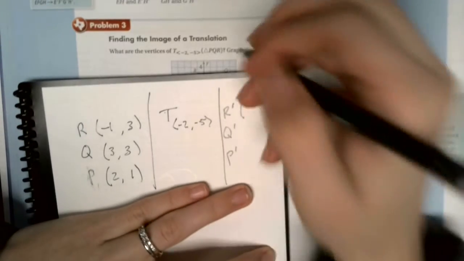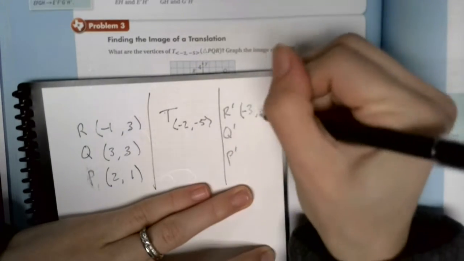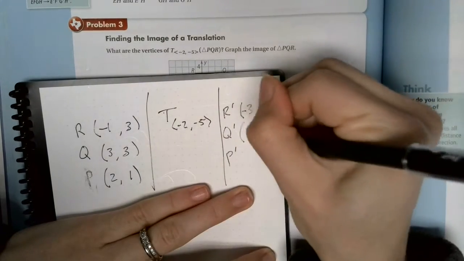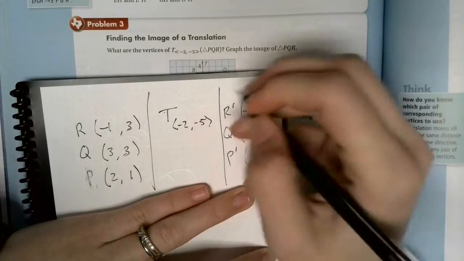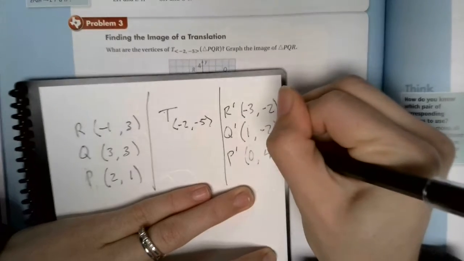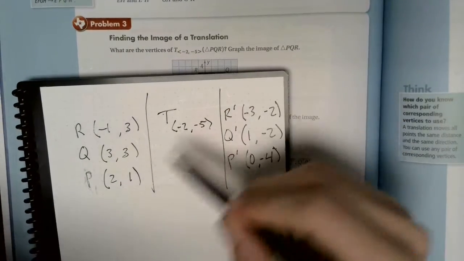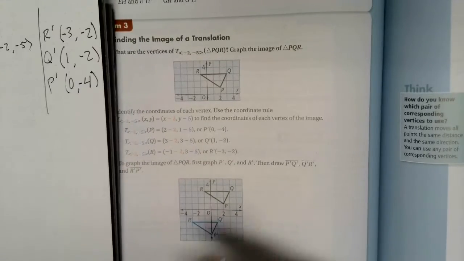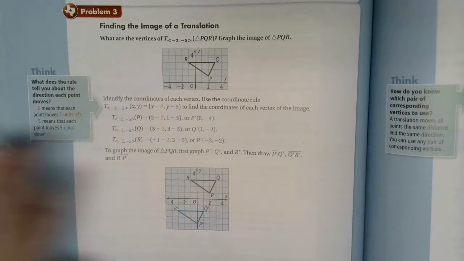So -1 plus -2, that's -3. 3 plus -5, that's -2. 3 minus 2 is 1. 3 minus 5 is -2. 2 minus 2, well, that's 0. 1 minus 5, that's -4, sorry. And so you can see adding a negative is the same as subtracting. And so then I get the new coordinates and I'm good to go. And it tells me to draw them, so I draw them here.